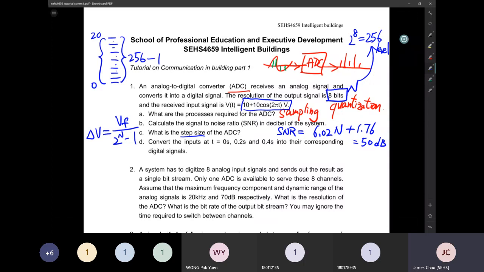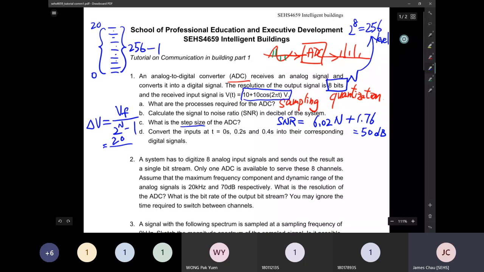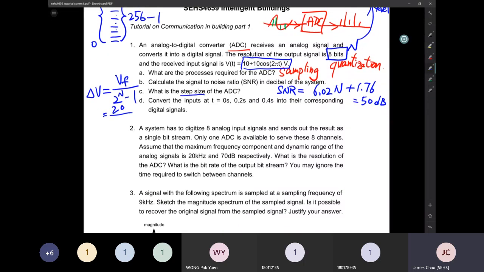Okay? Therefore, by applying the formula, you have 20 over 255. And the step size is equal to 0.07844. Okay.